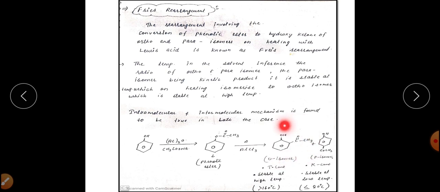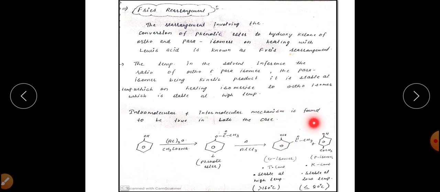This is basically a thermodynamically controlled product and it will be stable at high temperature. So at high temperature you will always get the thermodynamically stable product, and that product is your ortho isomer.